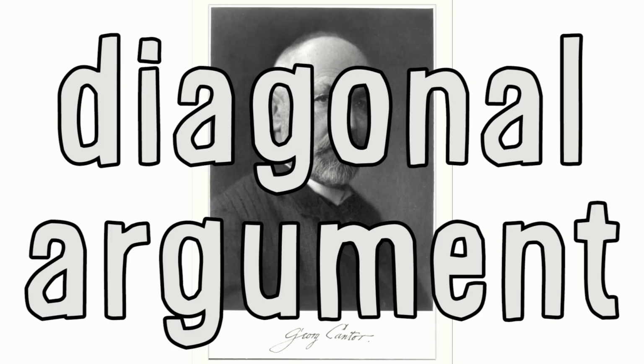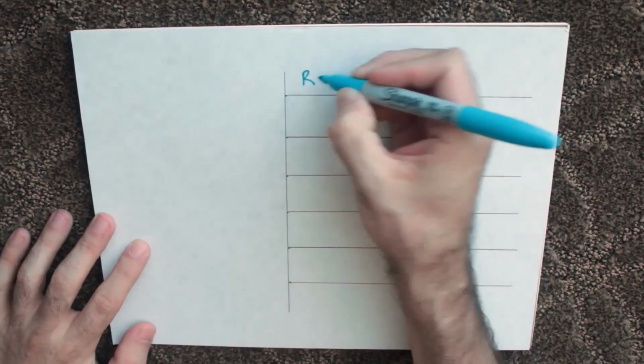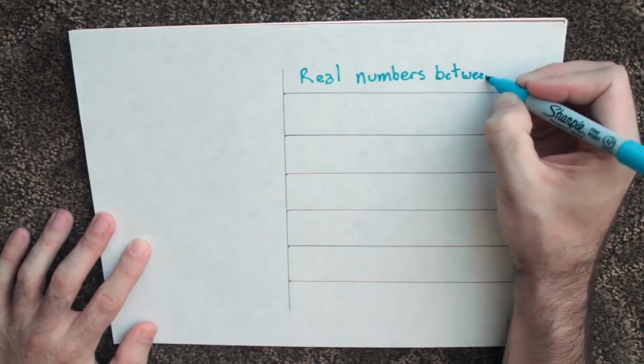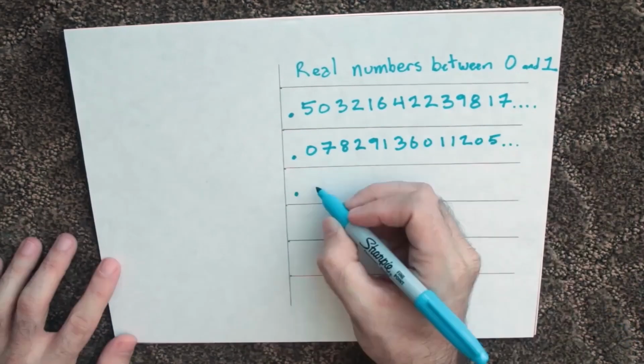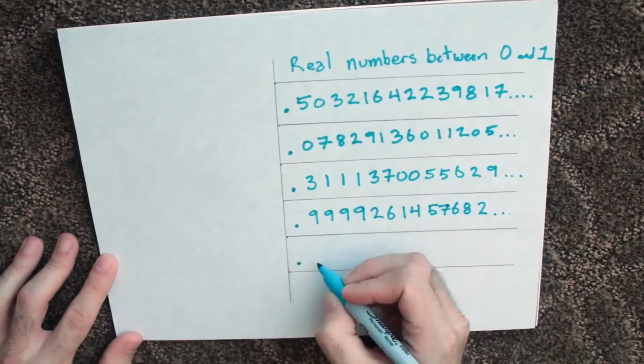All right. Both also mention Cantor's diagonal argument as a proof that the set of all real numbers between 0 and 1 is uncountably infinite.